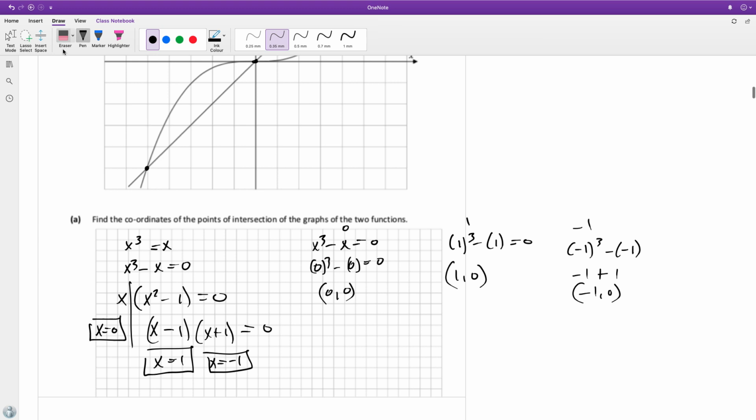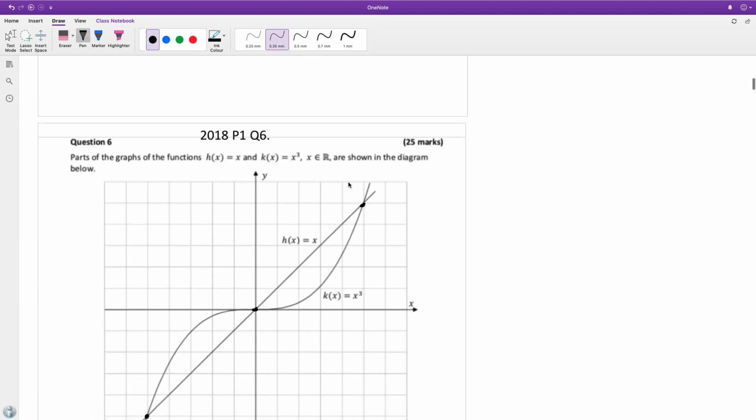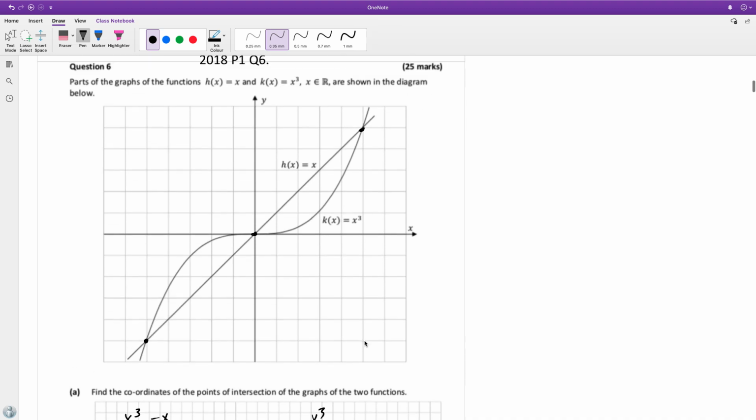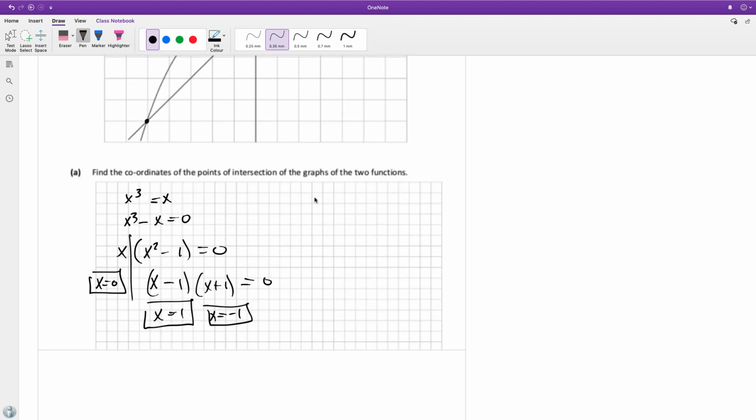No, you just sub them back into x cubed, sorry. Yeah, you just sub them back into one of them. The k of x is equal to x cubed.